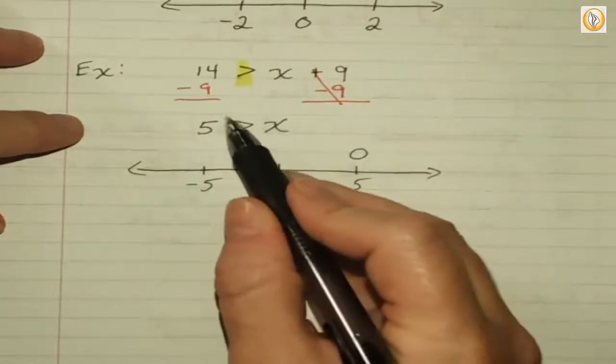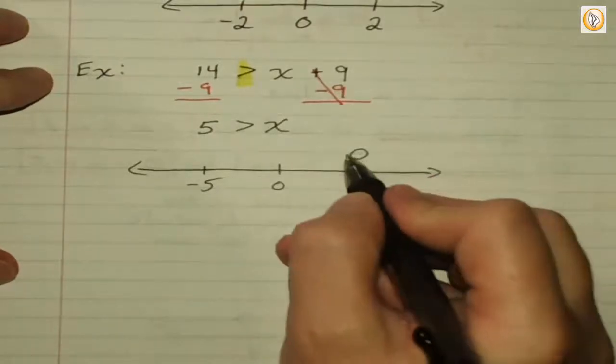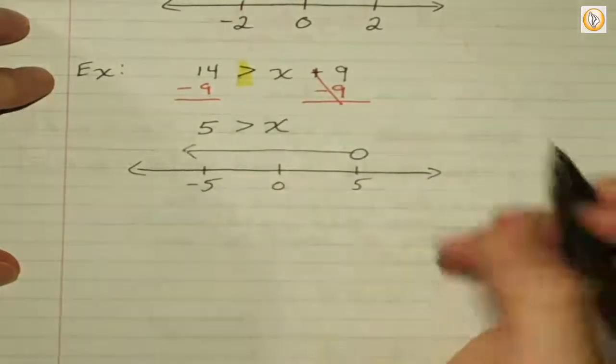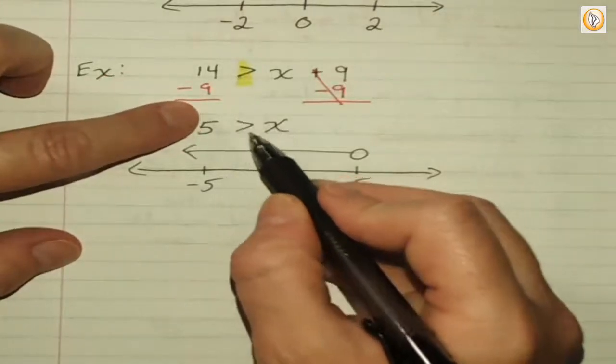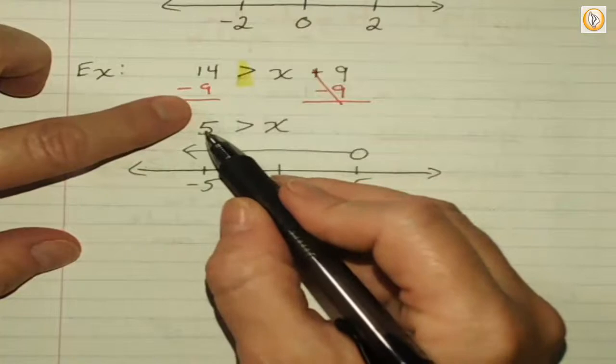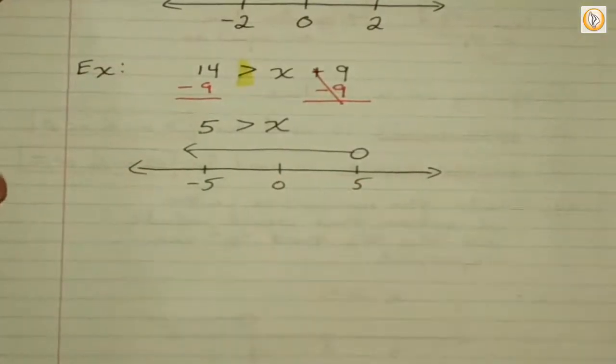So x is any number less than 5. So which direction, Madeline? To the left. Okay. So it's saying x is any number less than 5. So the arrow would go that way. Good job.